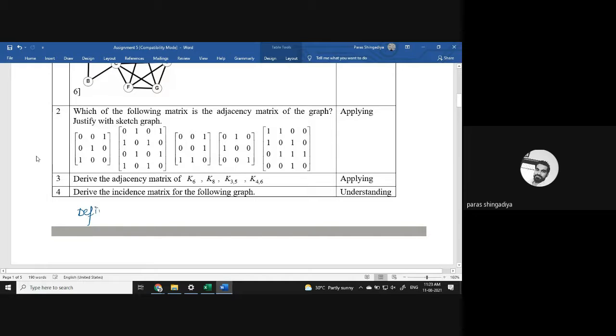Define means first write the definition of the adjacency matrix, and then find the adjacency matrix for K6, K8, or one of the other graphs I can consider. One is a complete graph and the second is K3,5. Then this question asks for 6 marks.